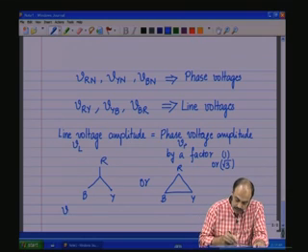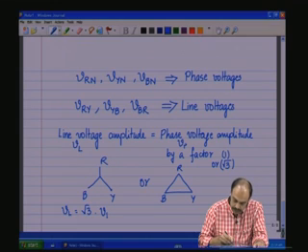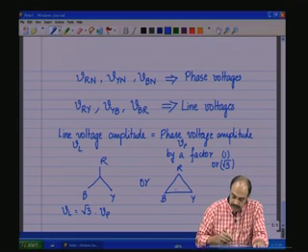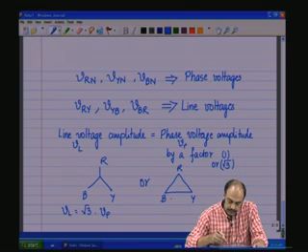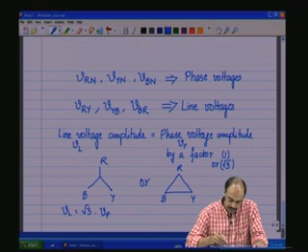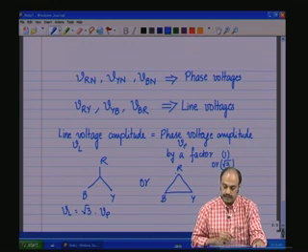Then line voltage VL will be root 3 times phase voltage in terms of the amplitude. And in the case of the delta connection, VL and VP are related by a factor of 1, because the phase voltage and the line voltages are same.